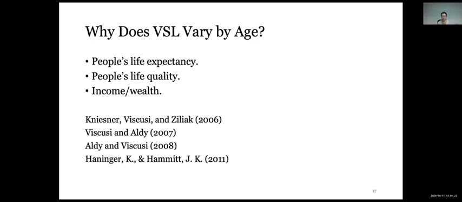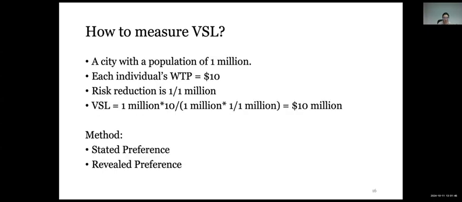They have gained so much experience and have greater salary than young people. Therefore, they have more resources to allocate to protect their health. So for income, older people tend to have higher willingness to pay, and young people have lower willingness to pay. Given these three factors, it comes to my second poll question.